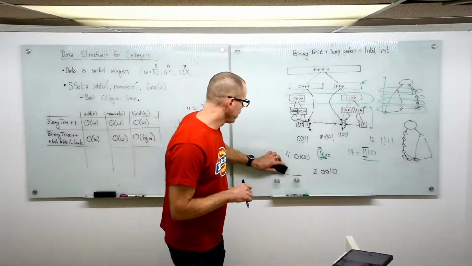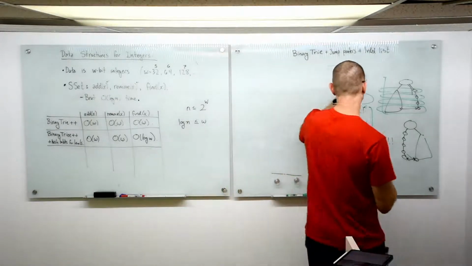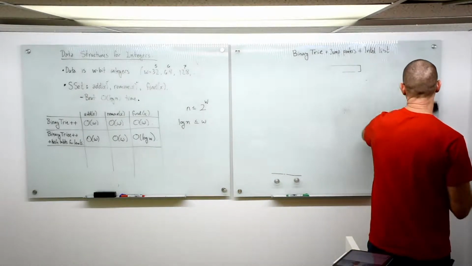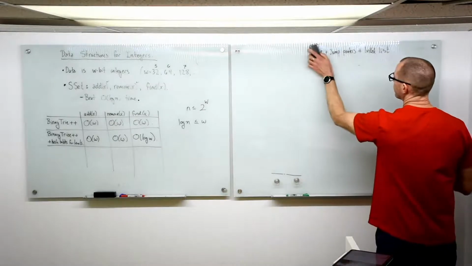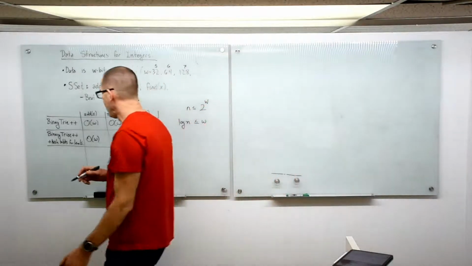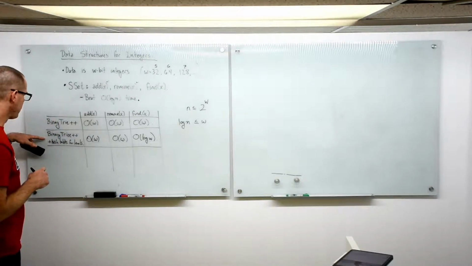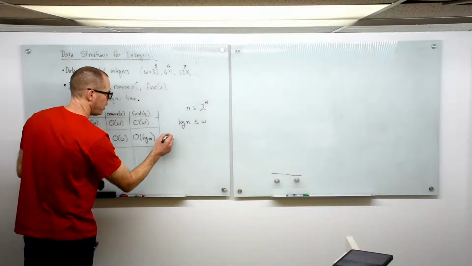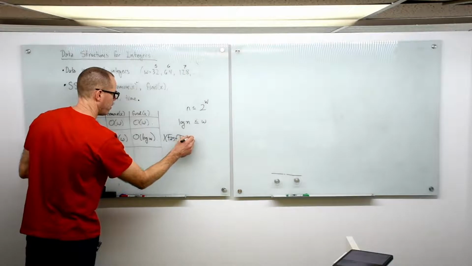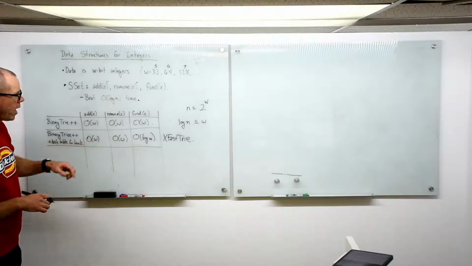So now we're going to take a step back. So what have we got? We have this thing here. This doesn't really have a good name, but this one does have a name. It's called the XFast trie, because it's so fast for searching, but not for adding and removing.